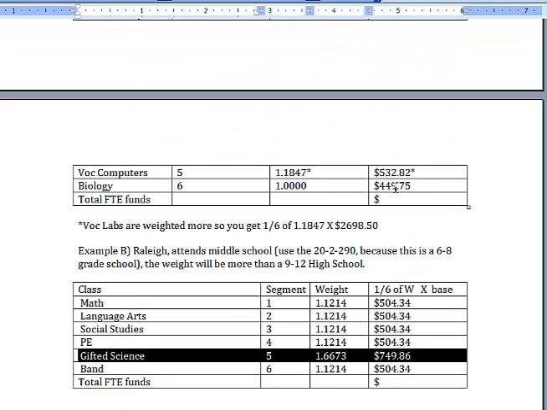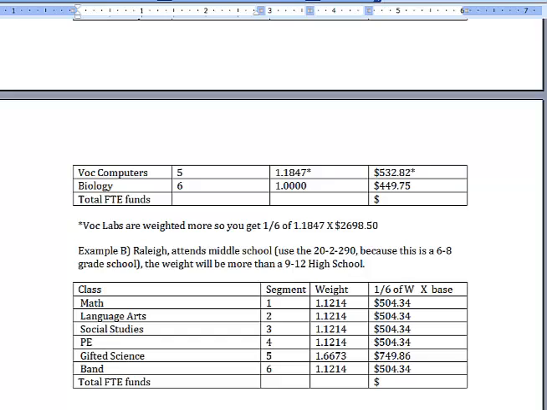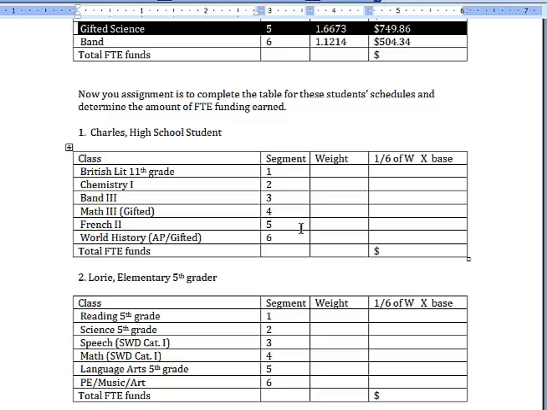So he's going to be multiplied times that. So 1.6673 times 449.75, and you would put that into his gifted class where he goes right here.